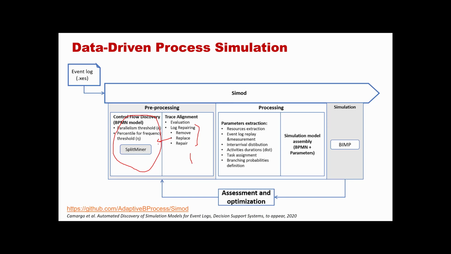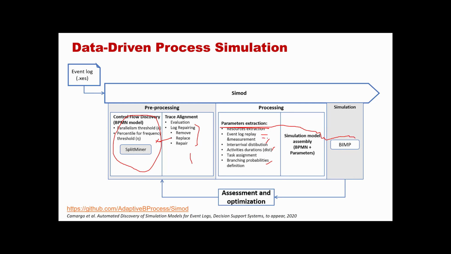So to compute all the statistics, Apromore needs to repair a little bit the log so that it follows the model that it discovered. And then it extracts all sorts of parameters, the inter-arrival rates and their distribution, the activity durations and their distribution, their branching probability, etc. And it assembles them into a simulation model, and then it runs BIMP to simulate it.